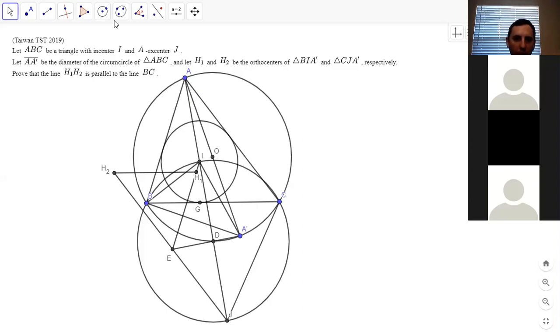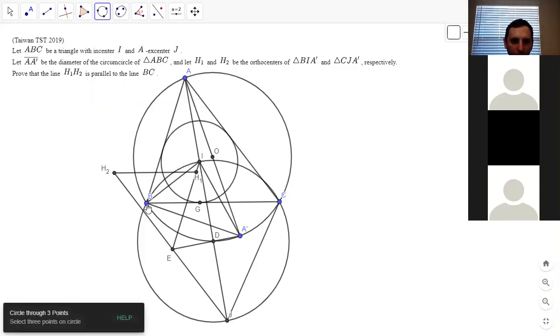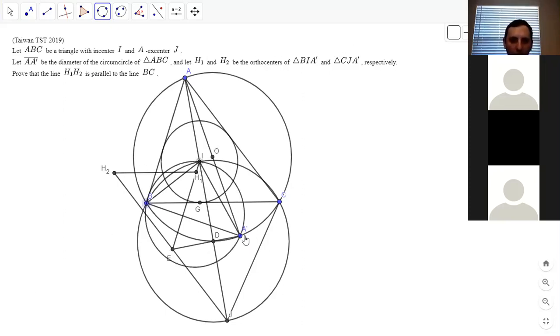What if I drew the circumcircles of IA prime B or CJ prime A? So if we reflect H1 over each of these sides, it's going to lie on the circle. And the same is true with this circle.